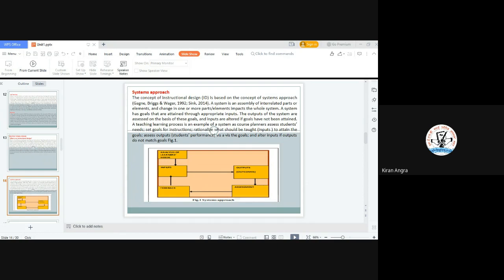These are the steps of developing an ID. I hope this diagram is very clear. They say there has to be first a need analysis, as I just told you.